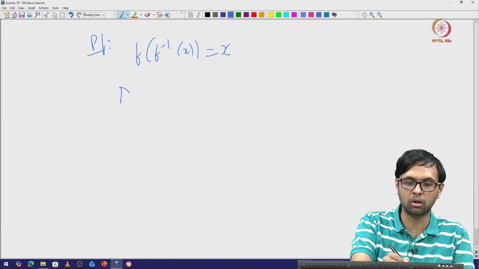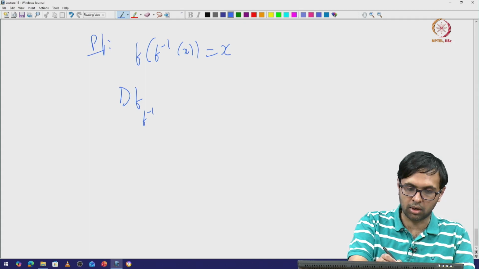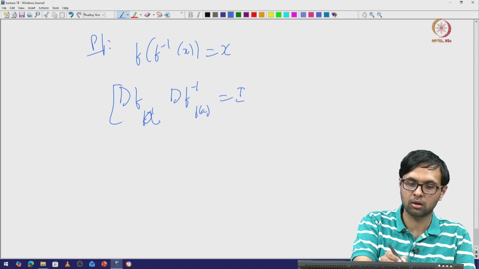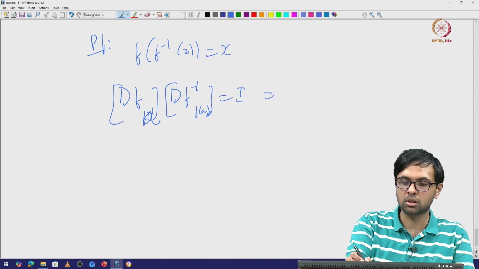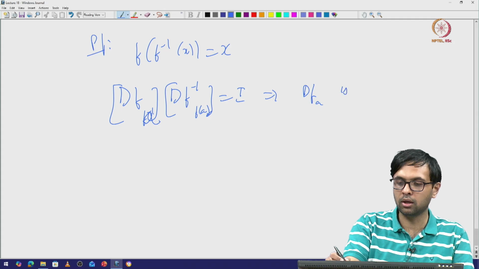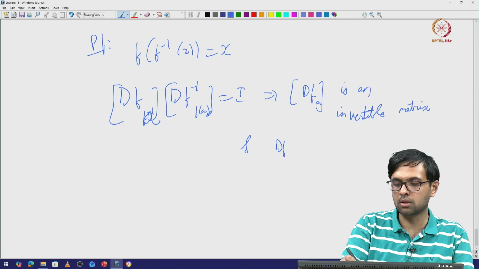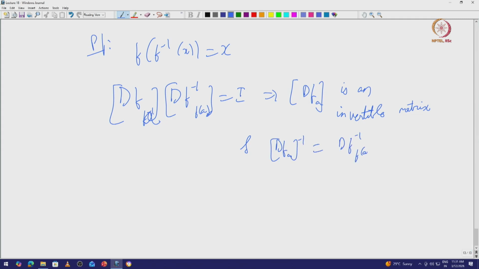So by the chain rule, the derivative of f at the point a times the derivative of f inverse at the point f of a is identity, which means df is an invertible matrix, and the inverse of this invertible matrix is indeed the derivative of this.